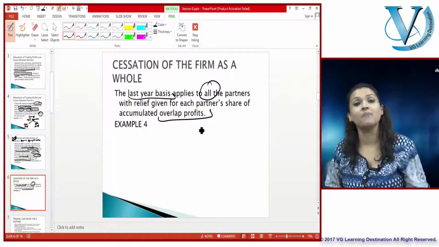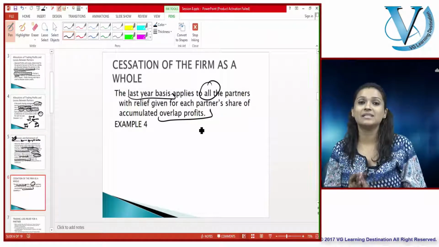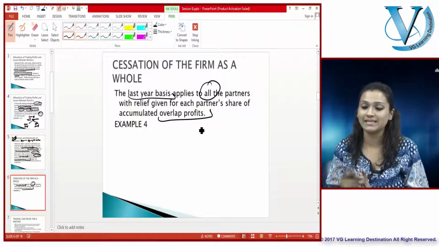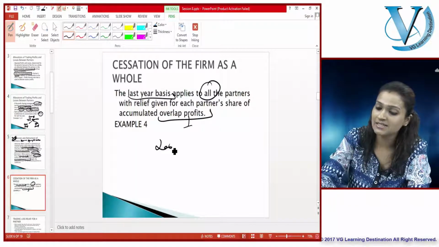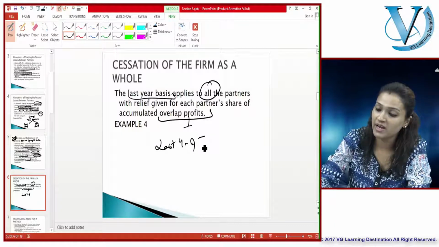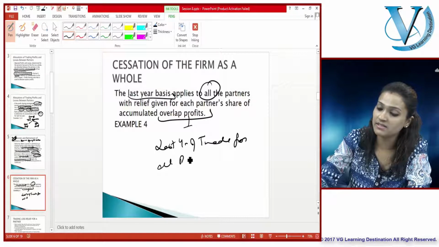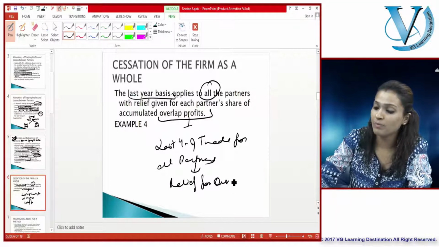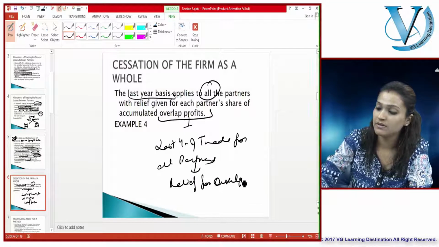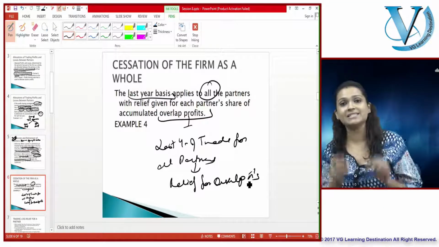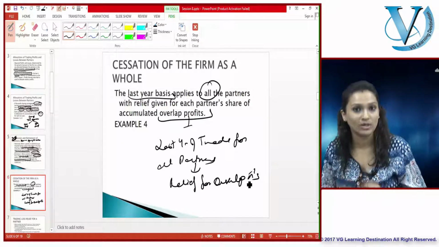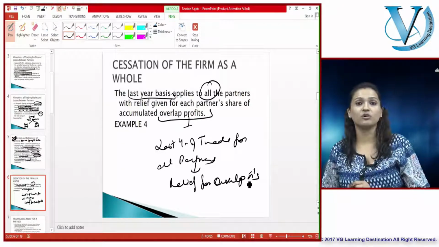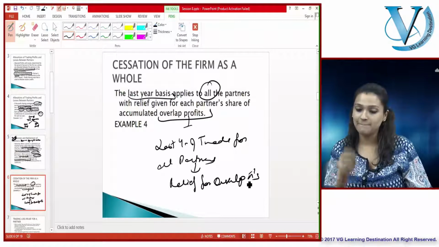Why? Because the firm itself is ceasing to trade, so it becomes the last year of trade for all the partners. They take relief for opening year overlap profits in the last year of business itself.